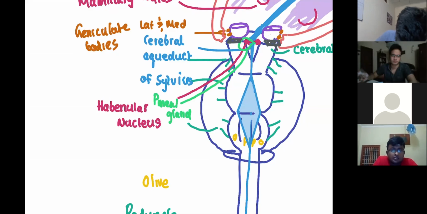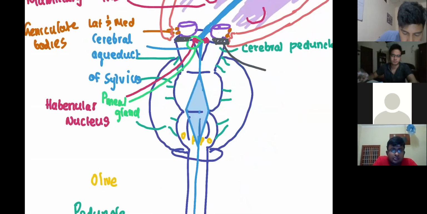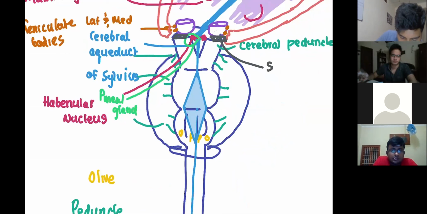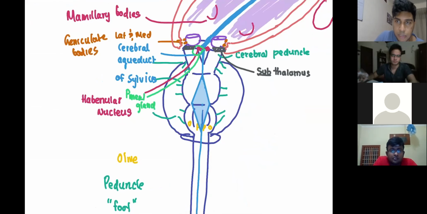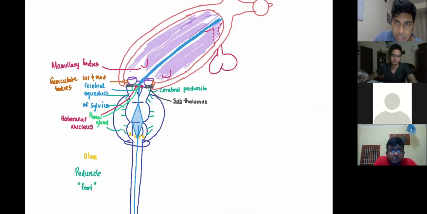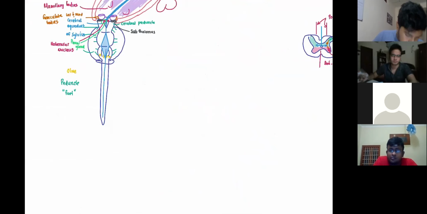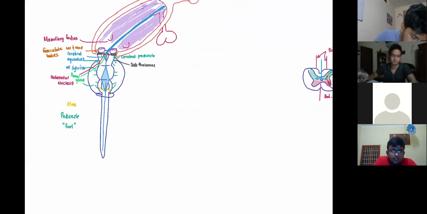There's something called the subthalamus. So sub means below. It is just below the thalamus. Okay, I hope you guys understand this. This is the basic anatomy that we have already discussed.